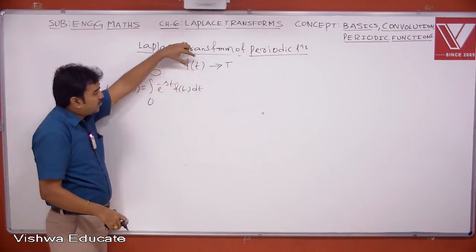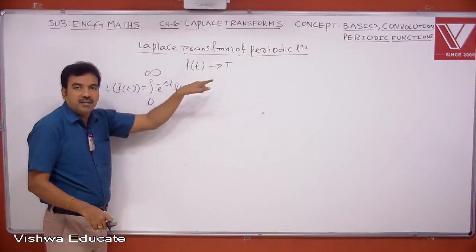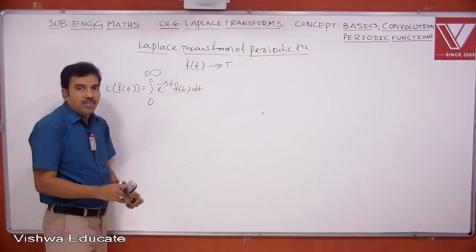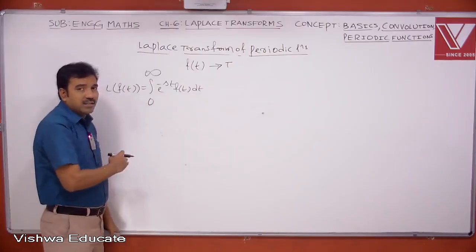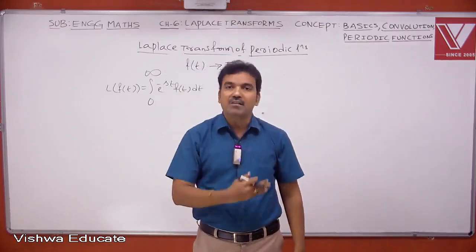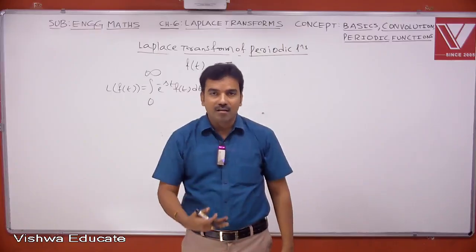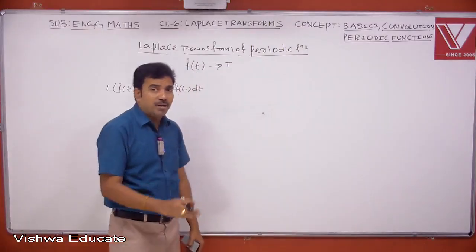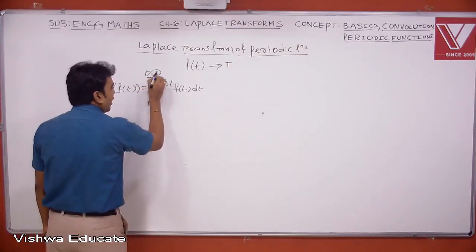But I am saying that this is a periodic function with period capital T. That means for every T units, the function retains the same values. Below capital T, the function will not have repeated values, but after T, for every T units of time, the function returns the same values. Therefore, you need not integrate this function up to infinity.